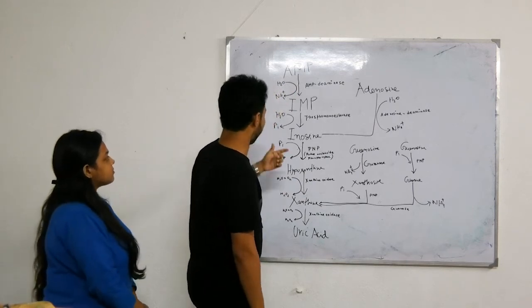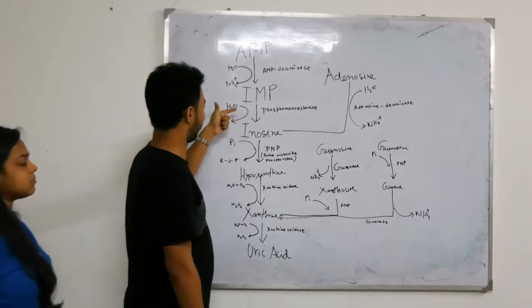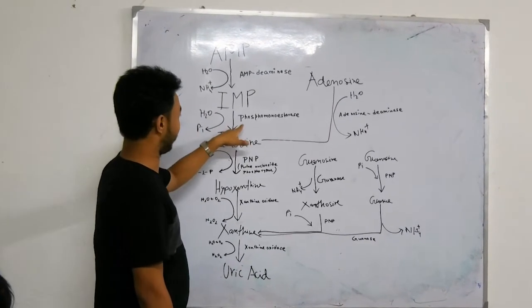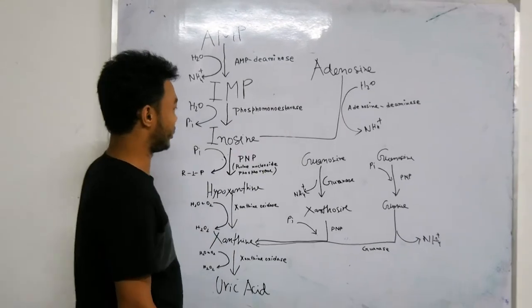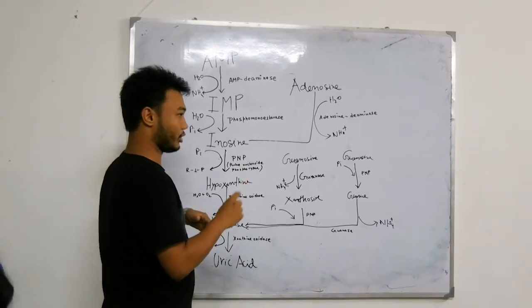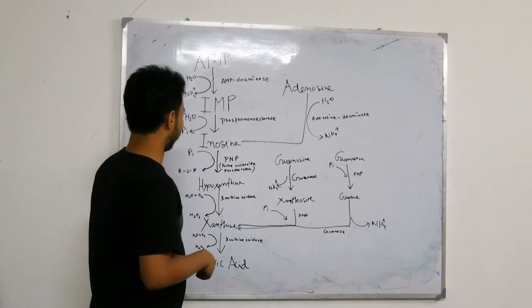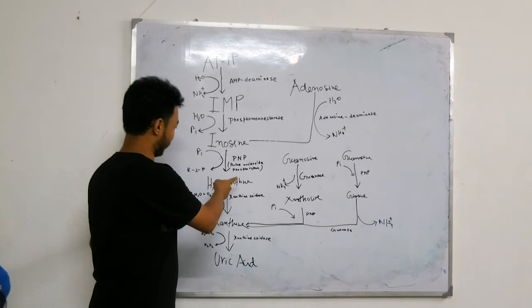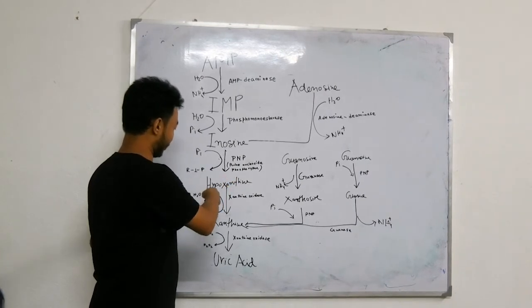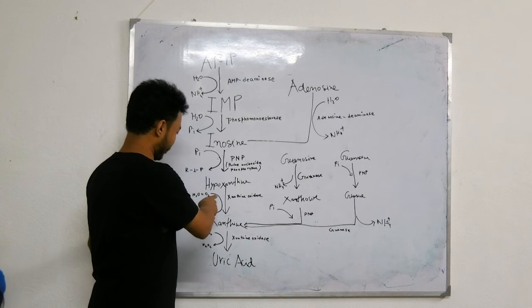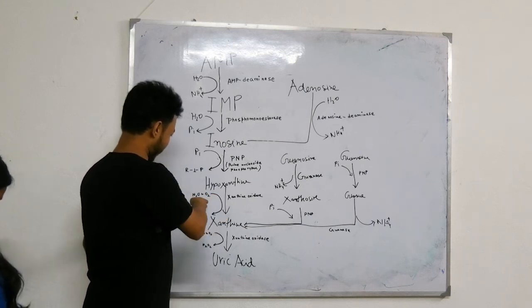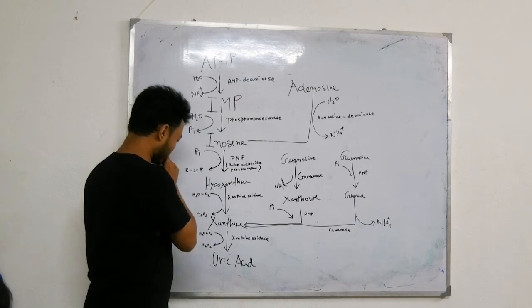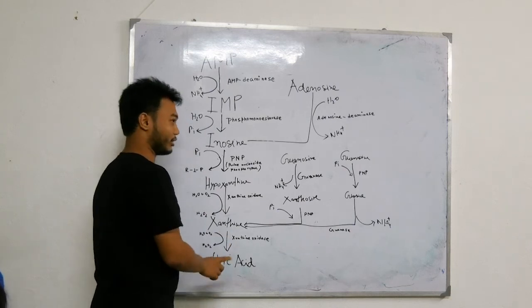Then IMP is converted into inosine by removal of the phosphate group by the phosphomonoesterase enzyme, which breaks the phosphoester bond. Then inosine is converted into hypoxanthine by purine nucleoside phosphorylase, so this is also a phosphorylation reaction. Then hypoxanthine is converted into xanthine by xanthine oxidase by removal of H2. And then xanthine is converted into uric acid also by xanthine oxidase.